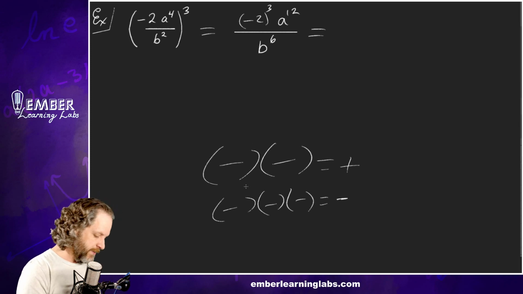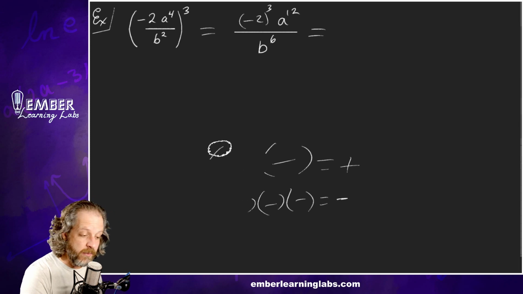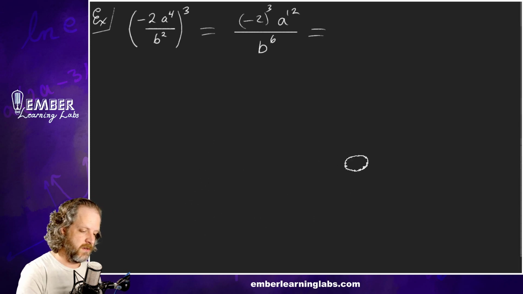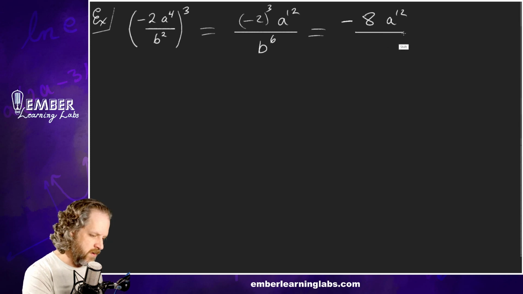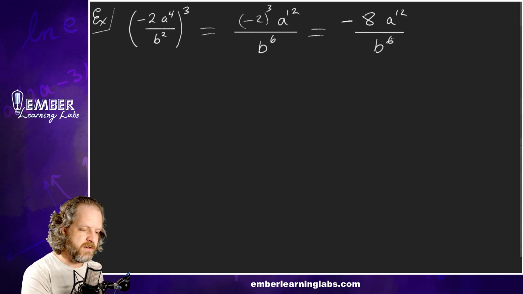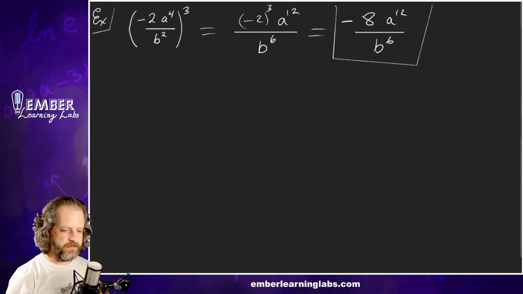If we have an even exponent, it comes out positive. You might want to write that down. All right. So we've got negative 8 a to the 12th over b to the 6th. Beautiful.